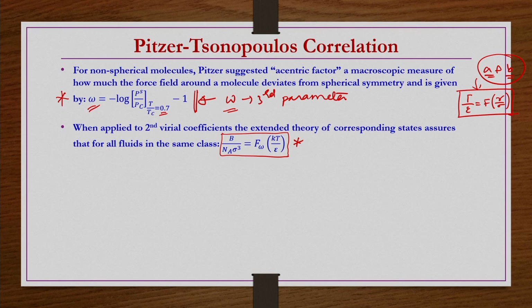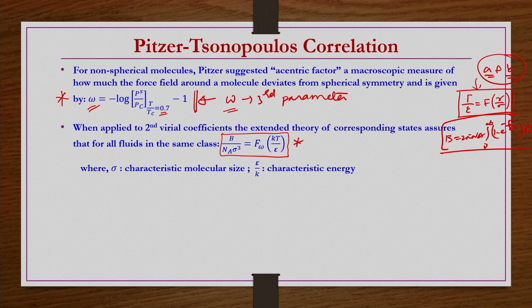If you apply the same concept here, like in the previous case where we had B equals 2 pi Na integral 0 to infinity of 1 minus exponential of minus gamma by kT, times r square dr, and incorporate this omega information, then we can get this kind of form, right.